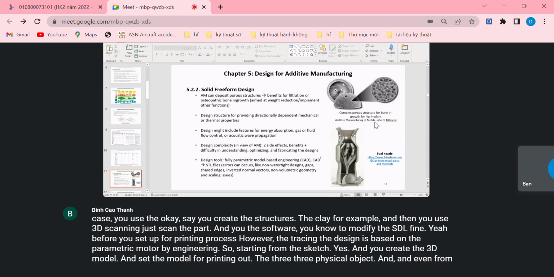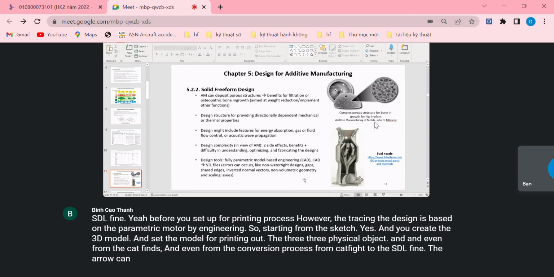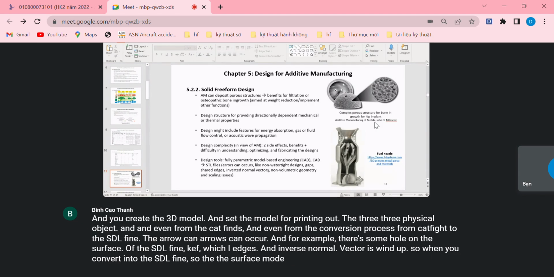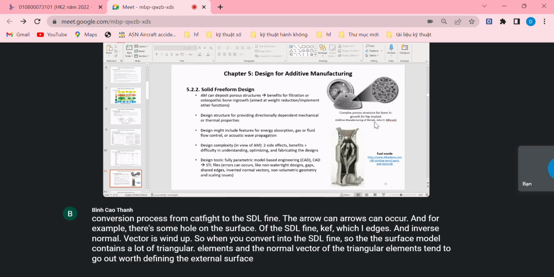Even from the CAD files, and from the conversion process from CAD file to STL file, errors can occur. For example, there may be holes on the surface of the STL file, gaps, sharp edges, and inverted normal vectors. When you convert into the STL file, the surface model contains a lot of triangular elements, and the normal vectors of the triangular elements tend to go outward, defining the external surface of the model.